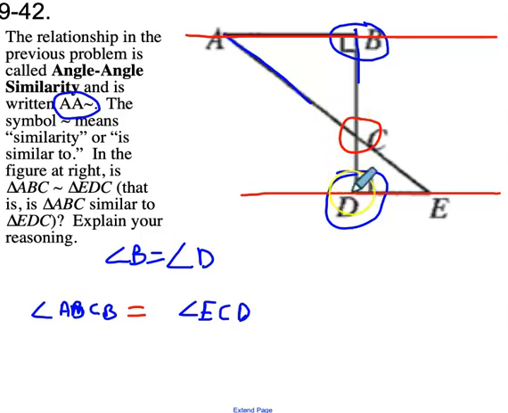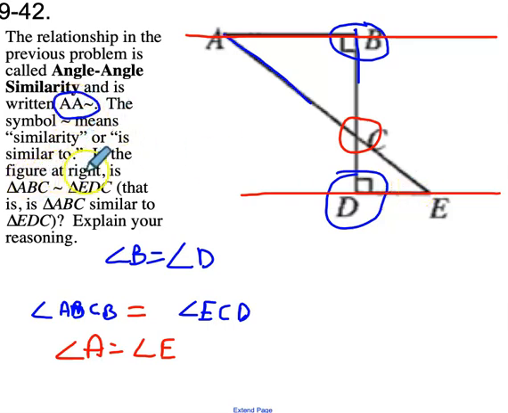So if we know that these two are equal and these two are equal, that means that angle A must equal angle E. They have to. As long as we can prove that in a triangle, two of the angles are equal, the third one must also be equal, and that's the angle-angle similarity.